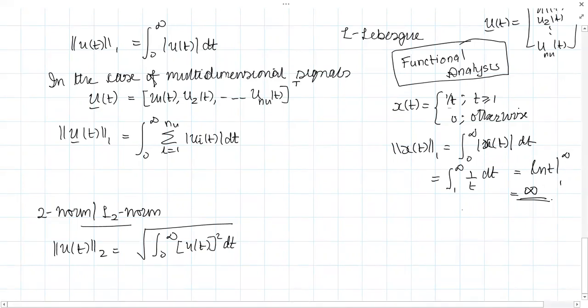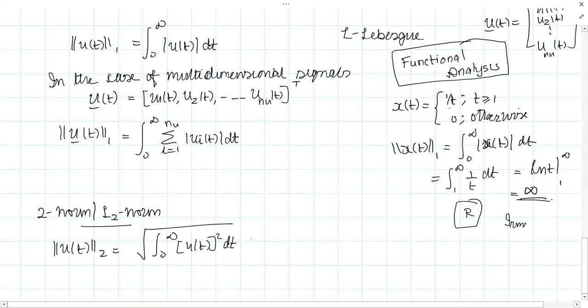Because how will you find the energy if it is a resistance? The total energy is I square into R into T, where I is the I RMS basically, the root mean square value. So there is a one-to-one correspondence here also. If you take the 2 norm of a signal, the square of this norm will give you the energy content.